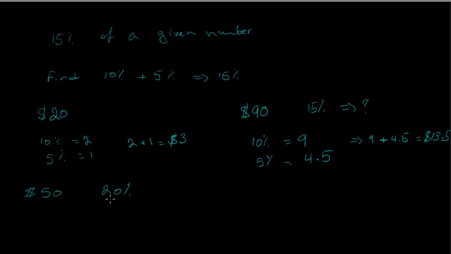So in order to get 20%, again, we first find 10%. 10% of $50 equals $5. Another 10% is another $5. So 5 plus 5 is $10 off the price, which is $50. So you pay $40 for the jacket.